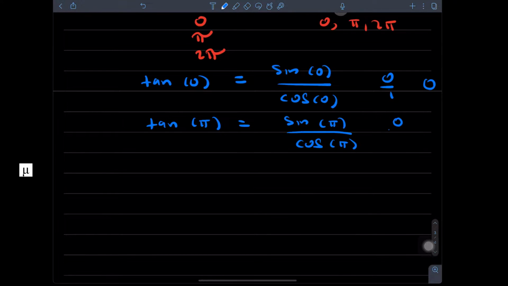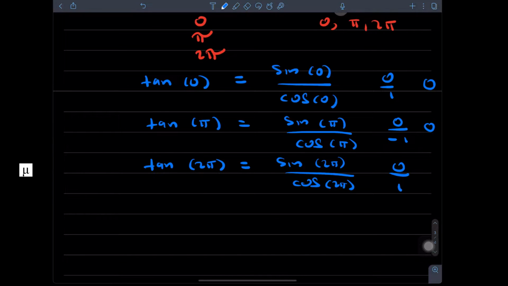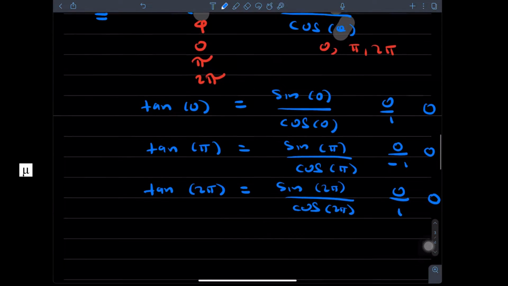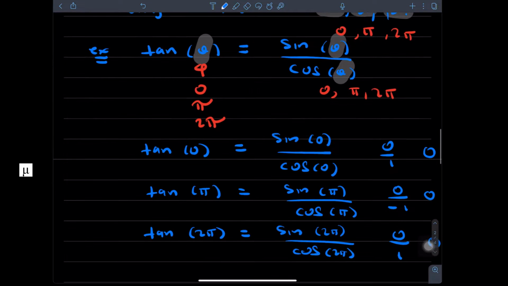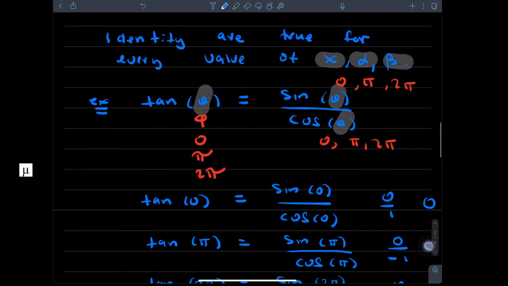Isn't that also 0? And what's cosine of pi? -1. Well, that equals 0, doesn't it? And then what's tangent of 2 pi? 0 over 1, which gives you 0.